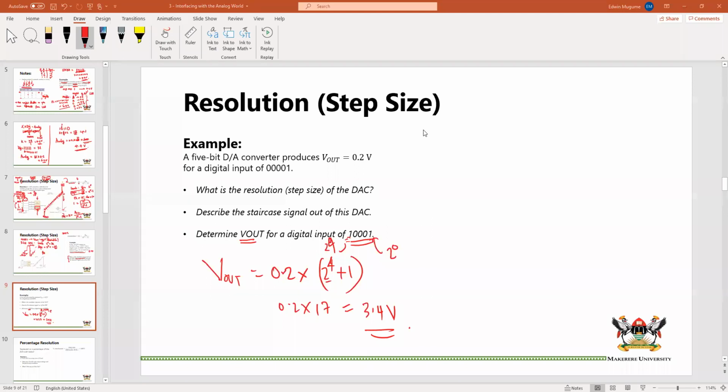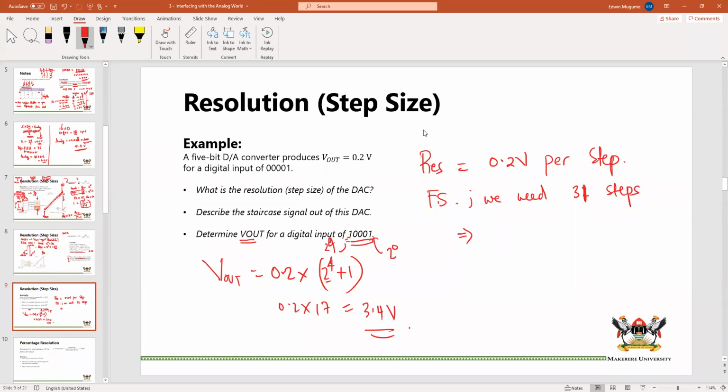Yes, Godfrey, we do put units on the resolution. I think it depends on the context, but yes, resolution has units. So you could say that resolution is equal to 0.2 volts per step. And then for full scale, we need 31 steps.